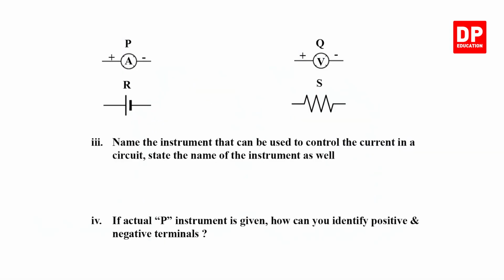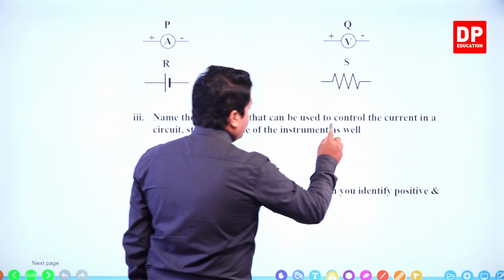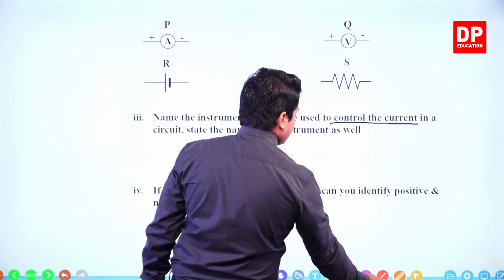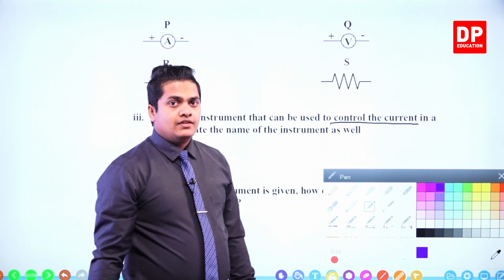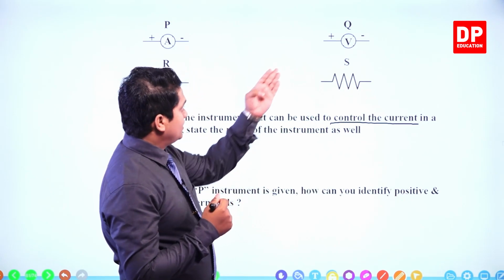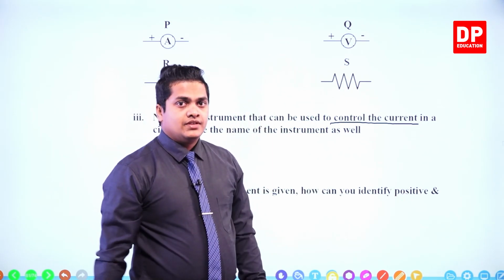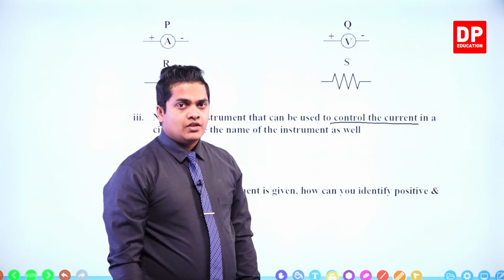Next question. Name the instrument that can be used to control the current in a circuit. State the name of the instrument as well. To control the current in a circuit, we have to use a resistor. So the resistor is given here. The S instrument is a permanent resistor.